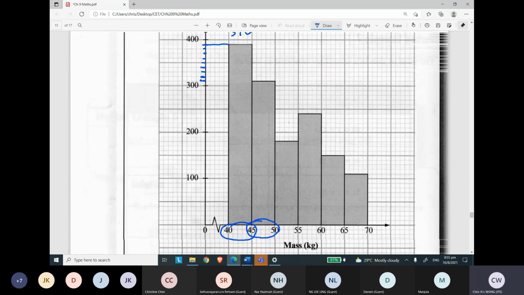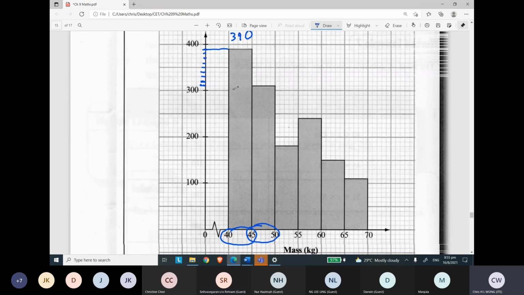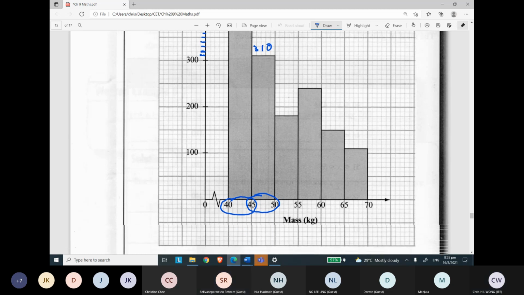For this particular group, how many students between the mass 45 to 50? 210, isn't it? If you read the table, it's 210. Between 55 and 60, how many?